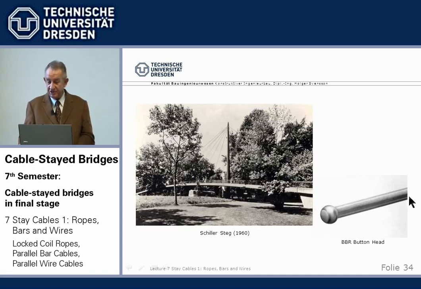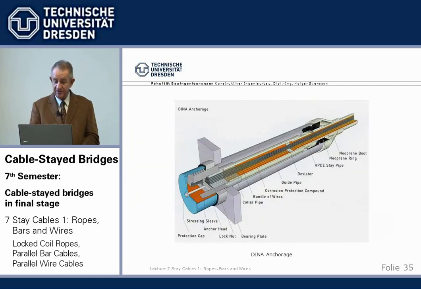And then they said, okay, we'll use BBR tendons. Now, BBR tendons anchor the wires with button heads in a keeper plate, parallel wire. And that's how the Schillersteg was built, still there, doing well. And that was the basic idea. And that was then formalized over many years. I was partly involved in the development myself later.